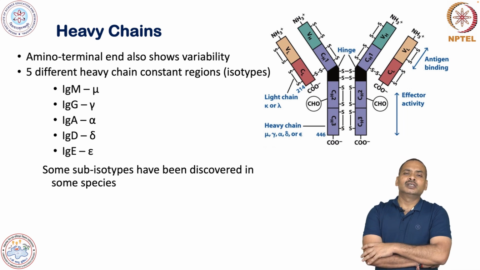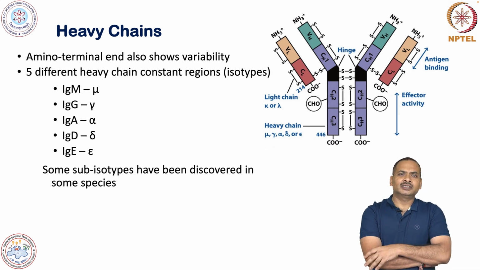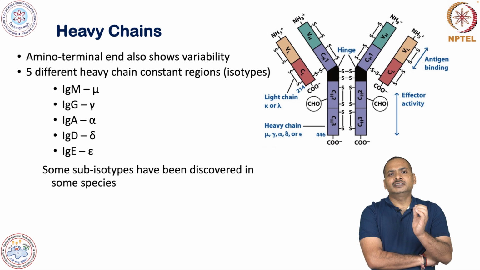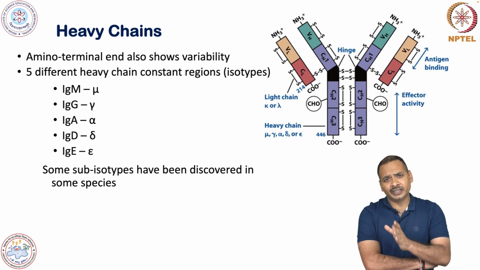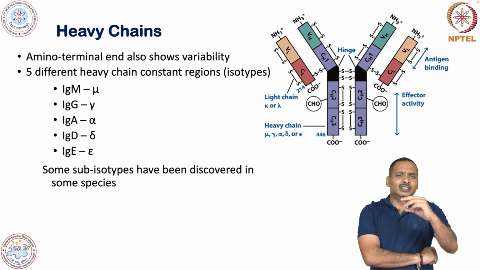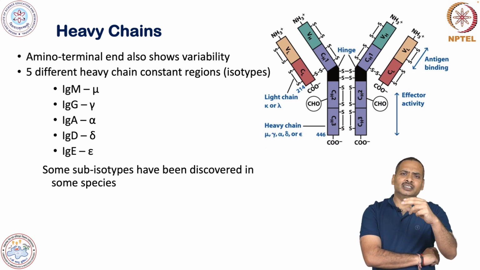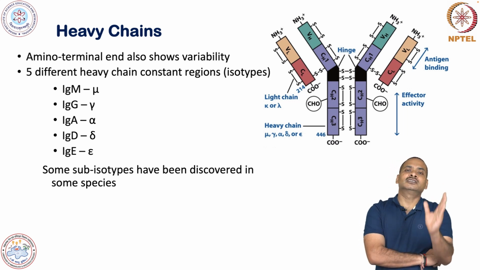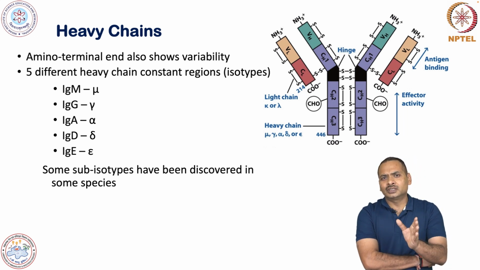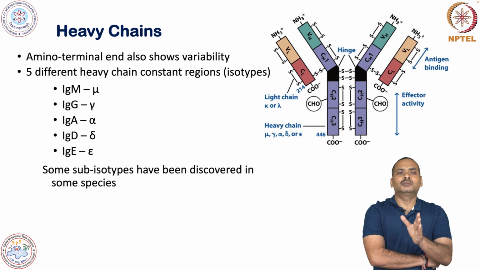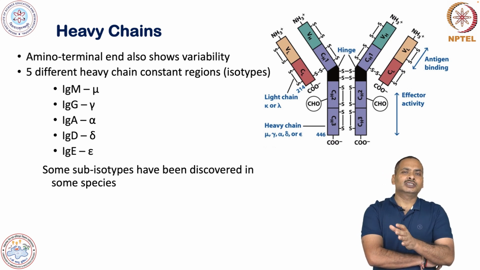For example, you will see in this session that IgG, which has a gamma heavy chain, has little differences, and these little differences result in the formation of different subclasses, for example IgG1, IgG2, something like that.